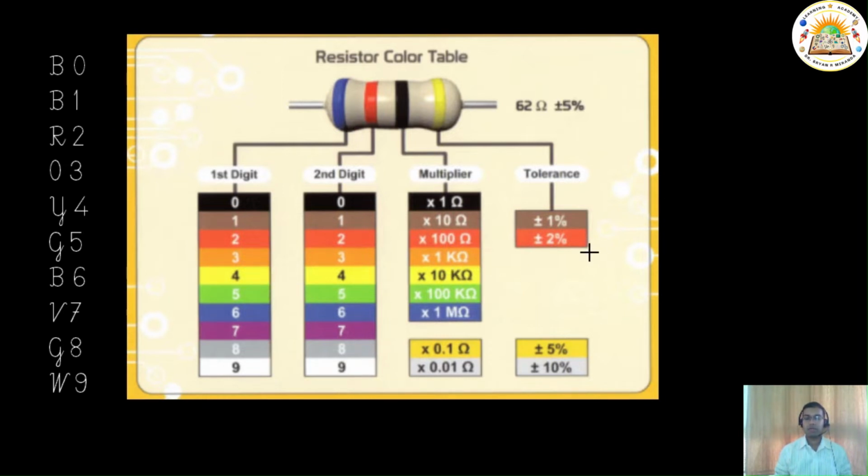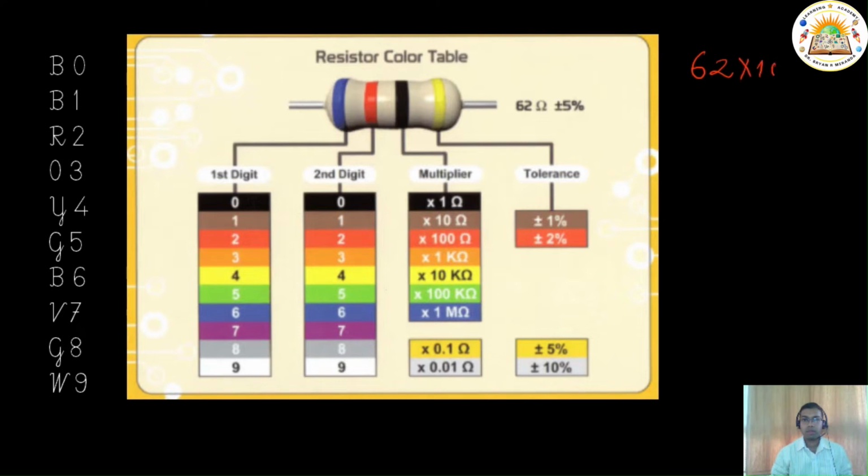So what is the meaning of this? Let's have a look and write it for this present combination. The first one is blue. The second one is red. Then you have a multiplier that they've given as black. And then they've given the tolerance. So blue is number 6, red is number 2.